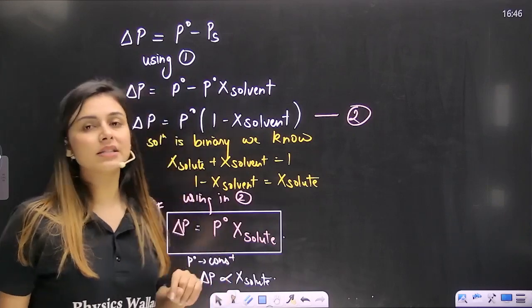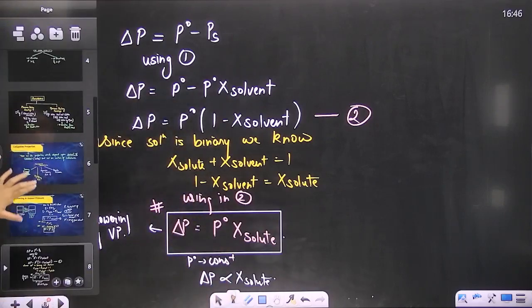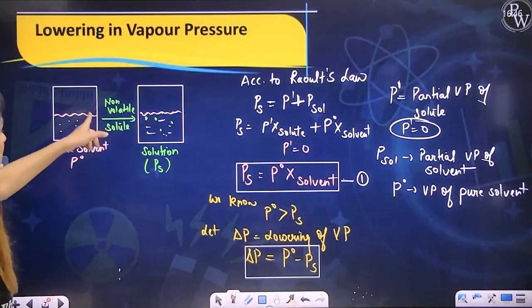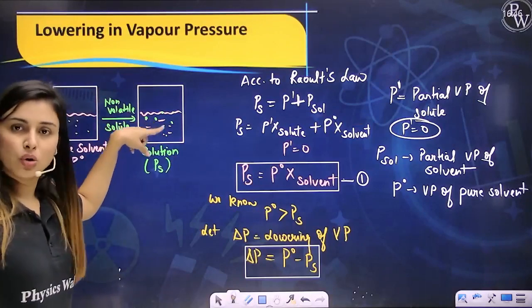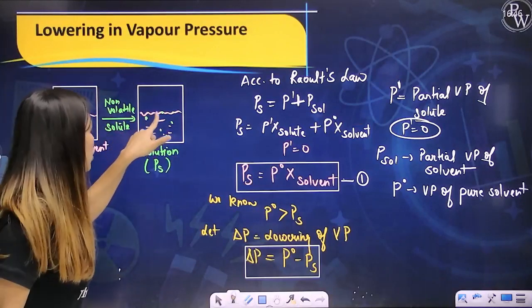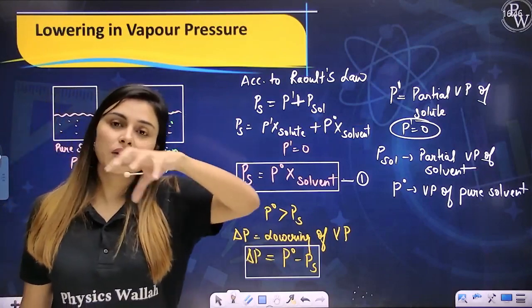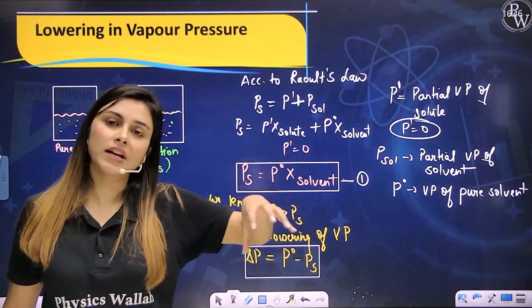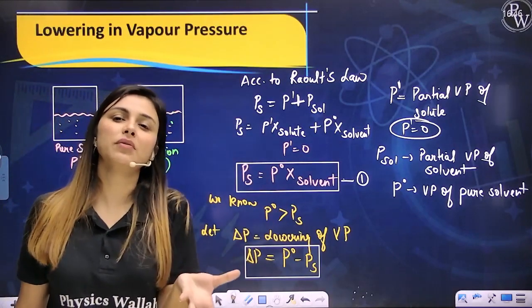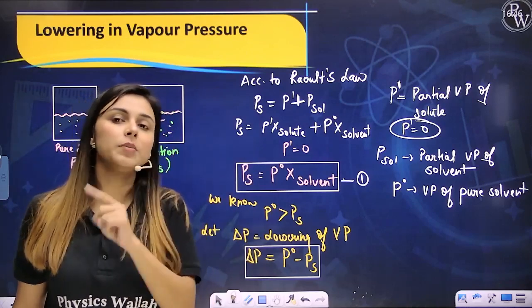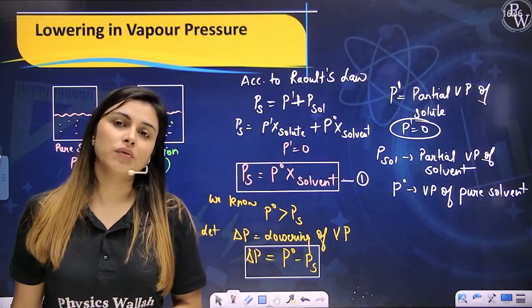And this you can understand conceptually as well: the more non-volatile solute you add to the container, the more the surface will be covered by your non-volatile solute, and the fewer vapors will be formed, and eventually there will be less vapor pressure for the solution.